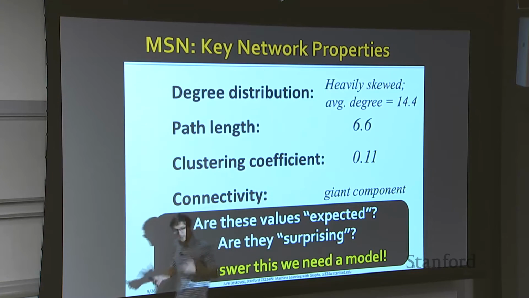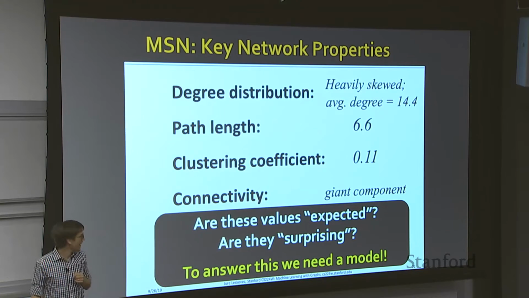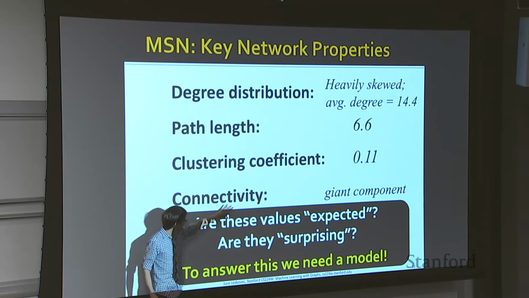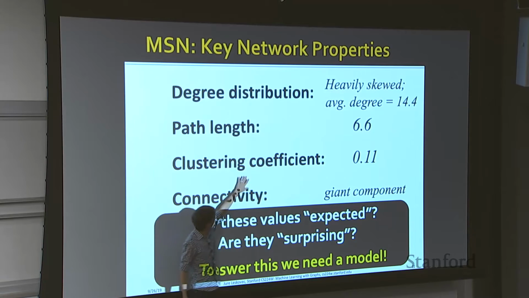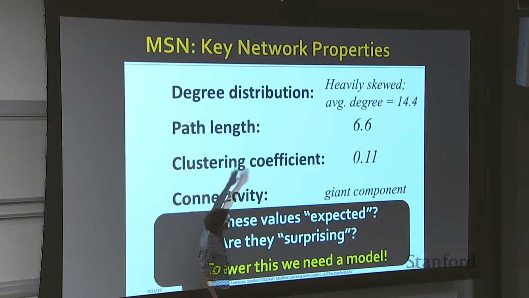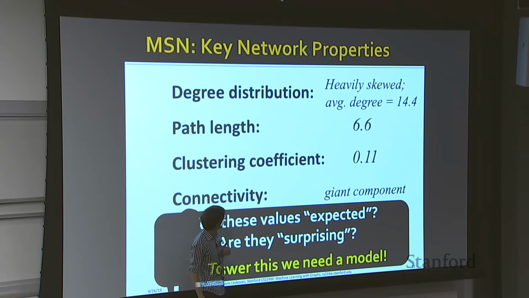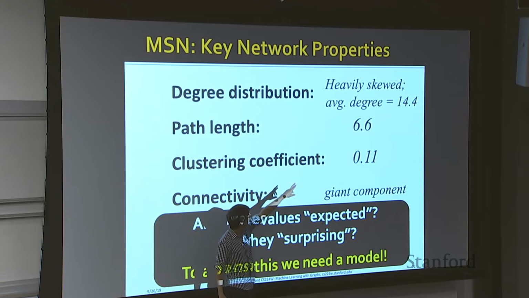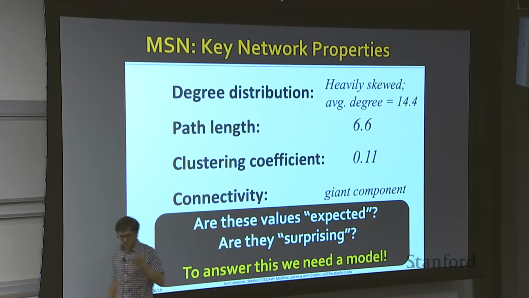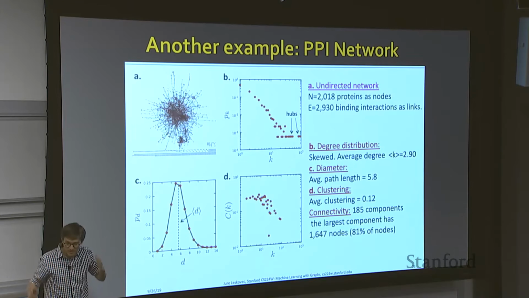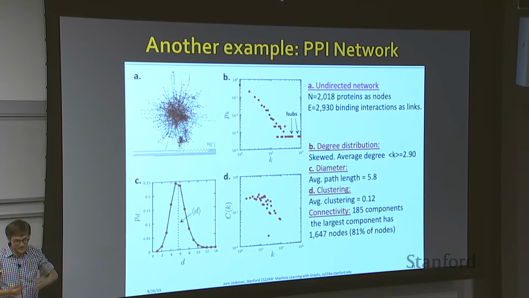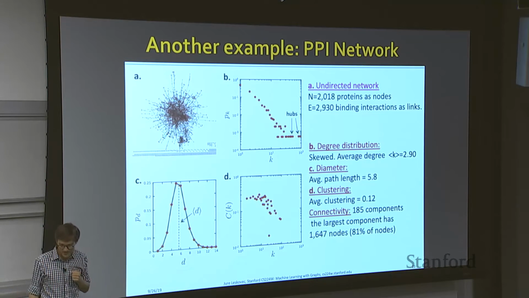It's roughly the same. It's not orders of magnitude off, right? It's about a large connected component of 80%, clustering coefficient 0.12, shortest path length 5.1, 5.8, and the degree, I think, was 3 or something, right? So it's about the same, even though the network is totally different, smaller, and so on.